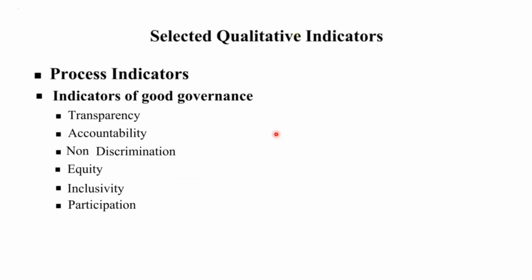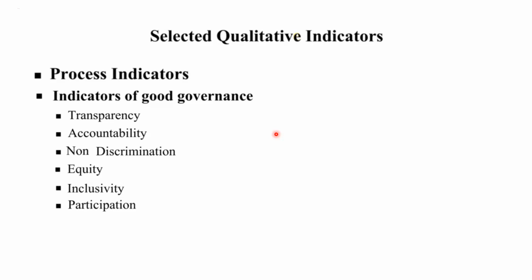Then some you can say are qualitative indicators. Now these are qualitative indicators: transparency, accountability, non-discrimination, equity, inclusivity, participation. Now transparency, you can't measure, but it is like a qualitative statement.